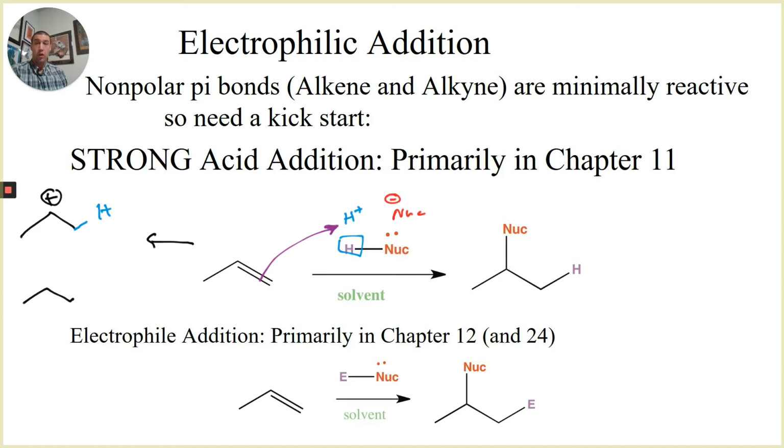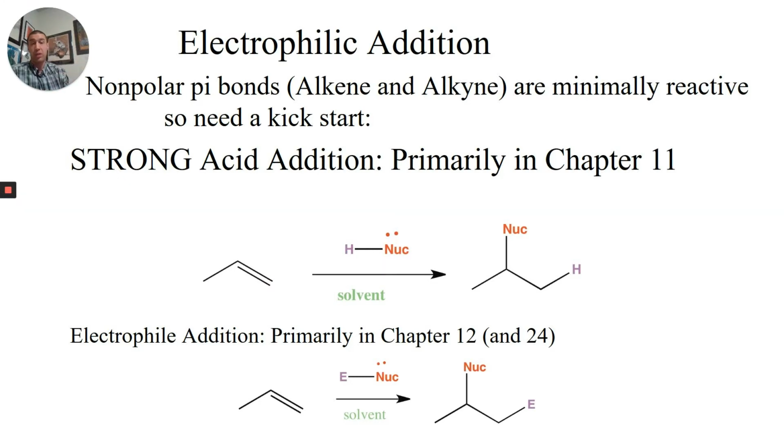Or should we place it here, right? And so deciding between those, we would have to know something about carbocation stability and acknowledge that the secondary carbocation is more stable than the primary, and that's what's going to drive the chemistry. It's that charge, which comes from our structure and our differences in electronegativity. So understanding that really helps us predict these reactions, right? And that's where almost all of our reactions in chapter 11 go.